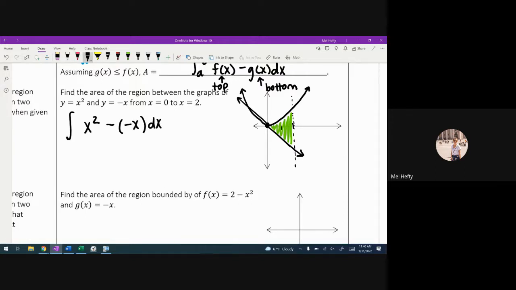All right. What do you think my bounds are? 0 and 2. Those are pretty explicit in this question. We'll talk about what happens if they aren't super explicit. You choose the correct ones, but that's fair. Let's integrate literally one of these by hand. What is the integral of x squared?